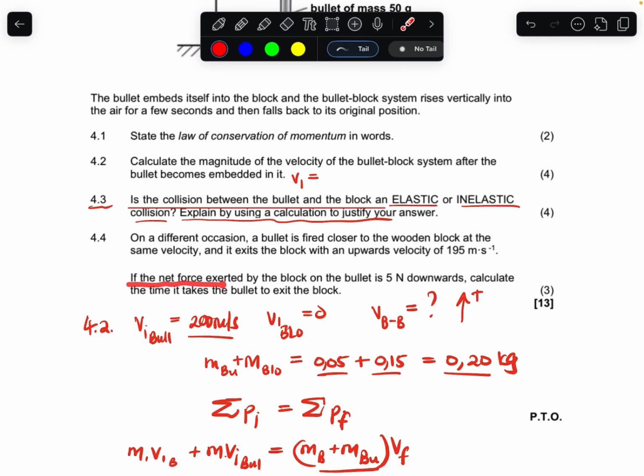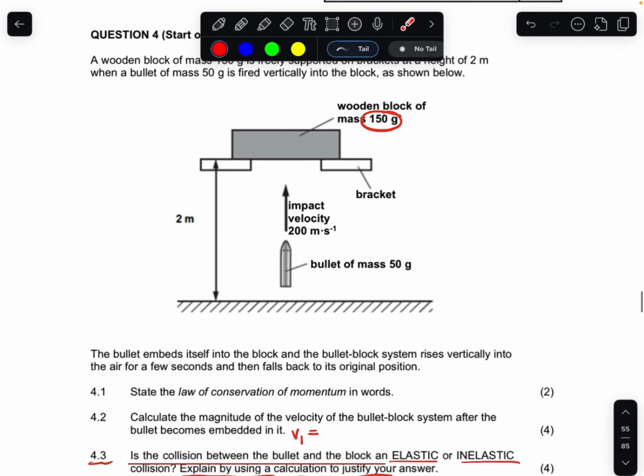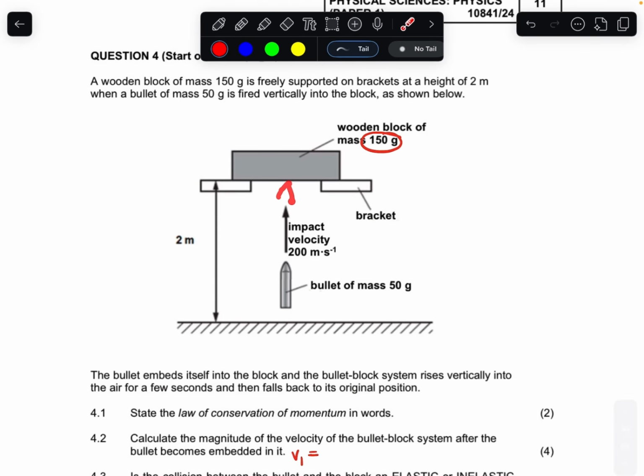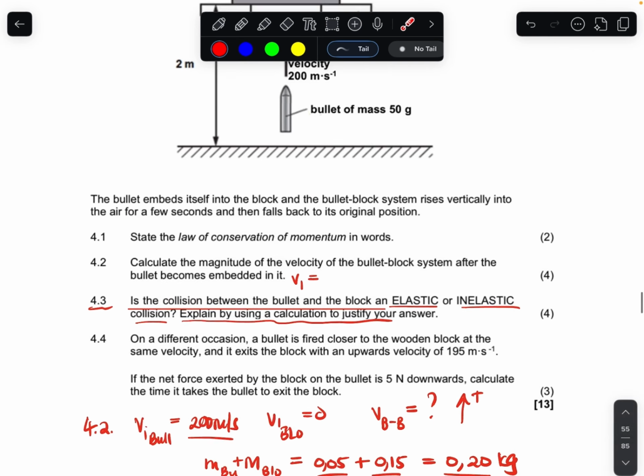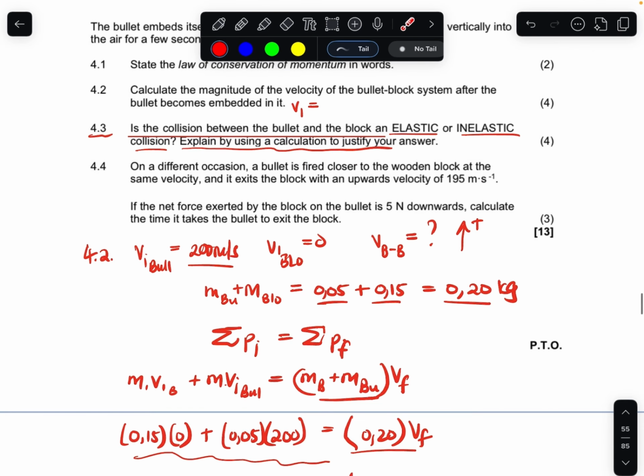Now it says the net force exerted by the block on the bullet is this one. So when the bullet hits a block, there's a force that they exert on each other. It's the same force but in opposite direction.